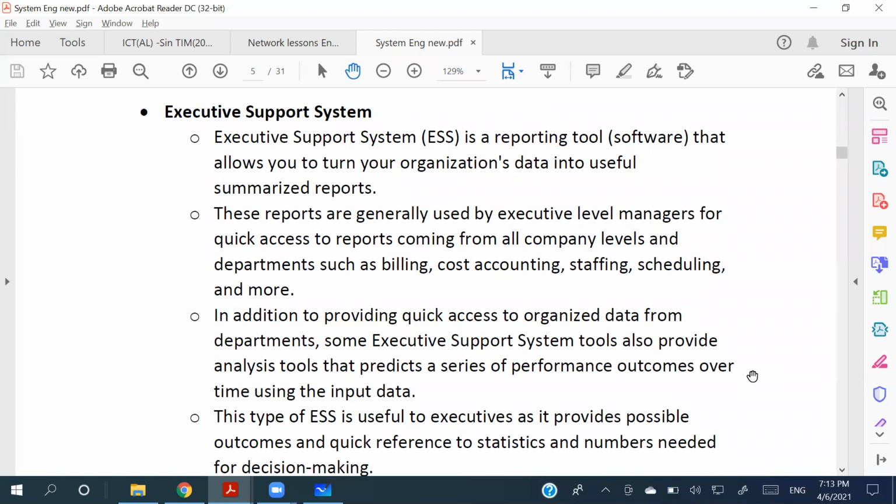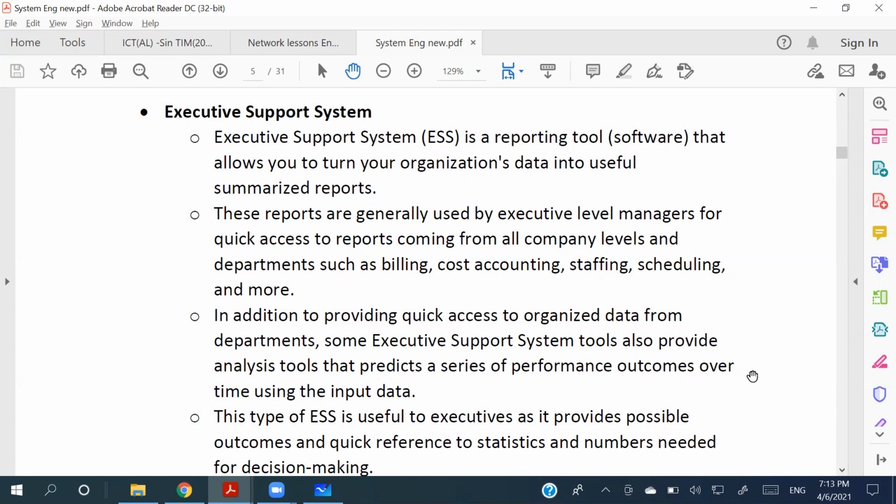They are the people who have the highest responsibility regarding an organization. So actually, lower level management uses the MIS, Management Information System, mid level management uses the DSS, Decision Support System, and the top level uses the ESS, Executive Support System.